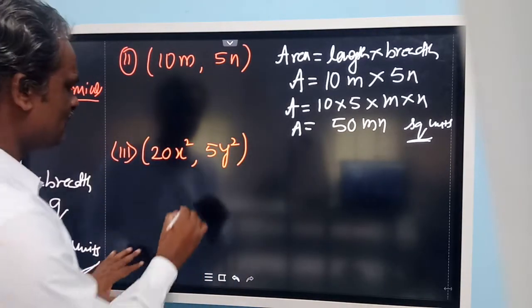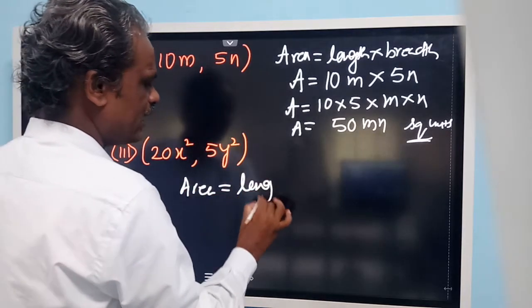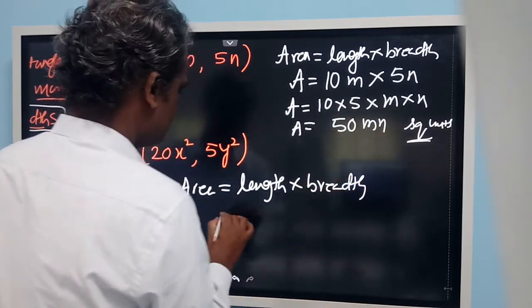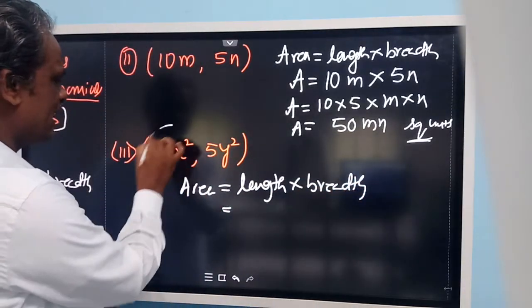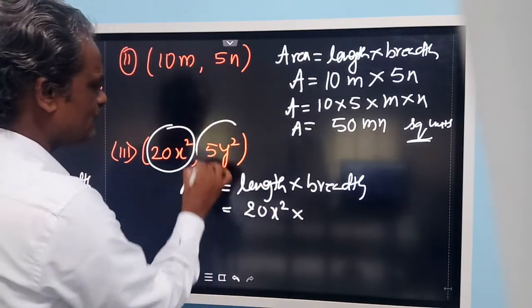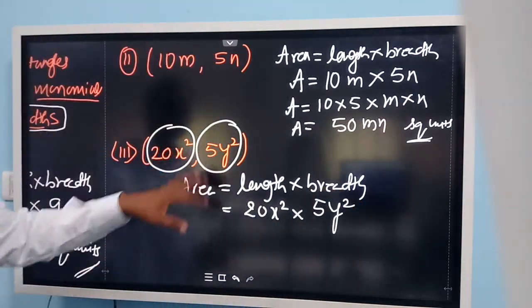So again come to this one, area of rectangle. Area is equal to, once again you write the formula, length into breadth. So now in place of length you write this 20x square. In place of breadth you can write 5y square. So they have given length and breadth respectively.